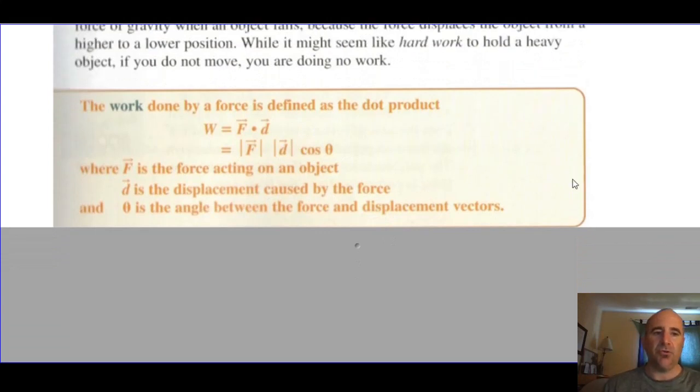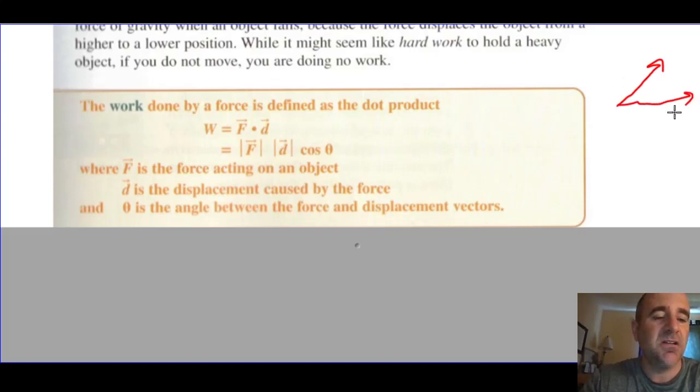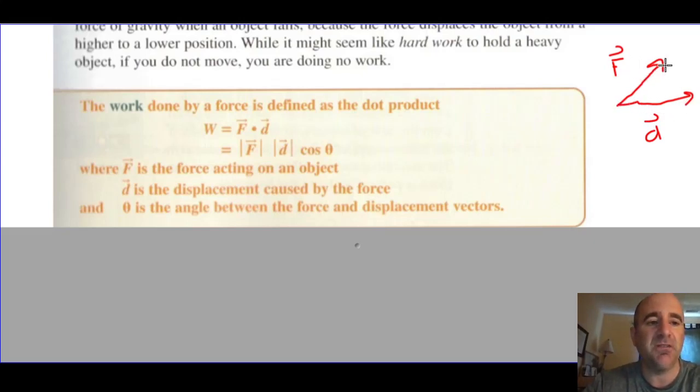If you were ever told that, if you're pulling on an object like this and it displaces the object this way, okay, well then work is, you probably didn't talk about those as being vectors in a physics class, but the work done is the distance times the force, but only the component of the force that operates in the direction of the displacement, which brings us right back to what the dot product is.